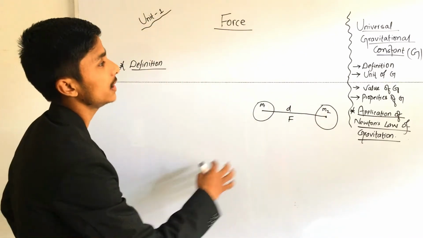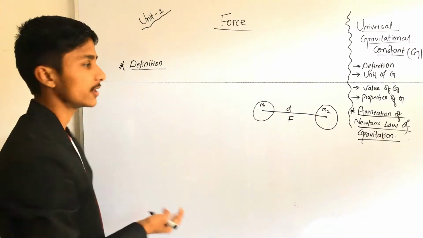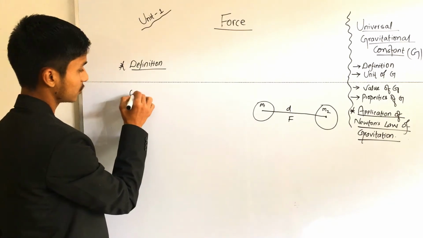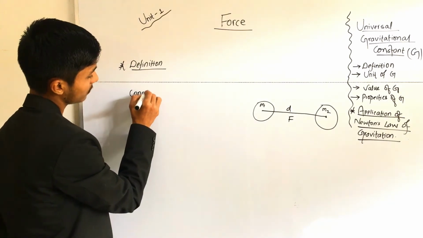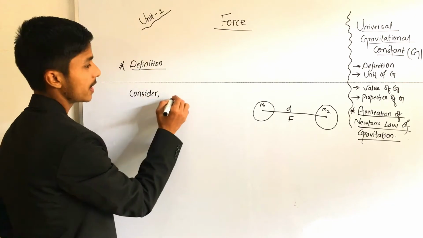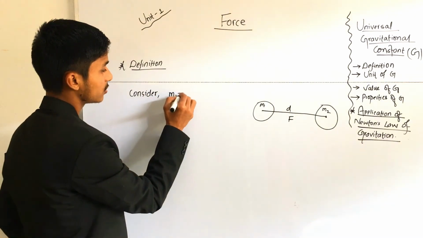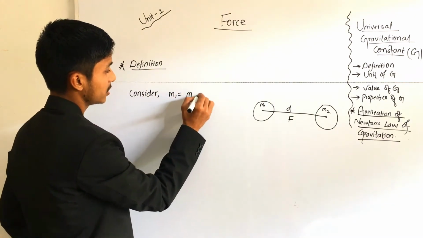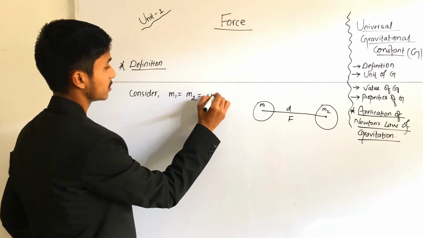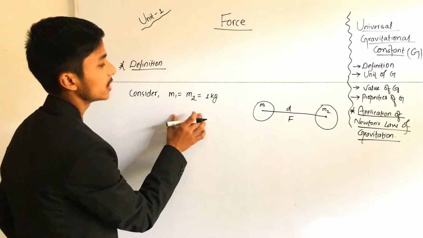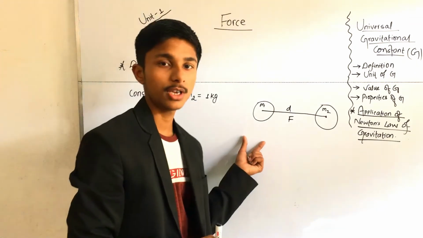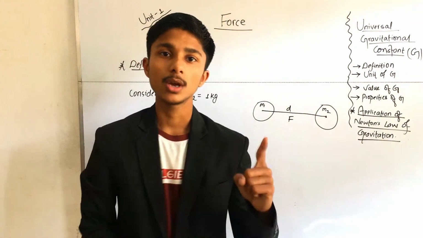Then to define the universal gravitational constant, we consider m1 is equal to m2 is equal to 1 kg. Let the mass of the first body and the second body be 1 kg.